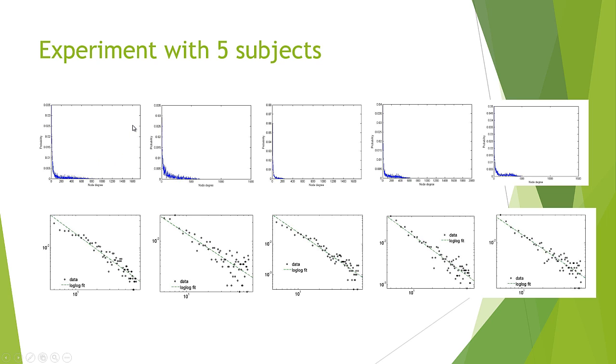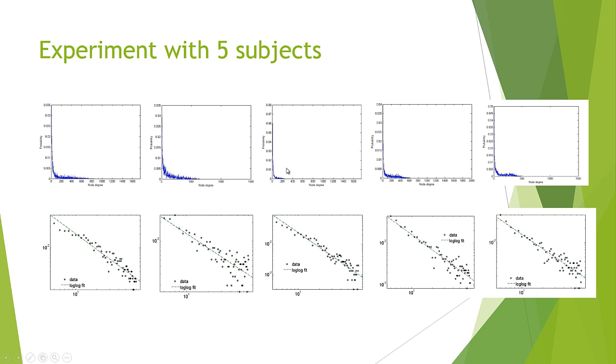In order to cope with this situation, when we are fitting these curves, we only choose a major fraction of the curve. For example, we only choose the interval from 20 to 100.